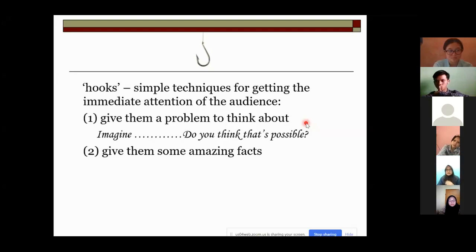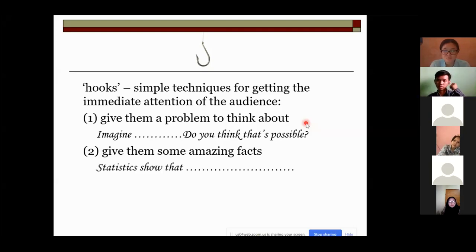After giving them a problem, you may give your audience an amazing fact that will make them wow or amazed with the fact that you show them. By telling, ladies and gentlemen, the statistics show that, and then you tell the statistic result, or you tell about recent research relevant to the topic, it will amaze your audience, I think.